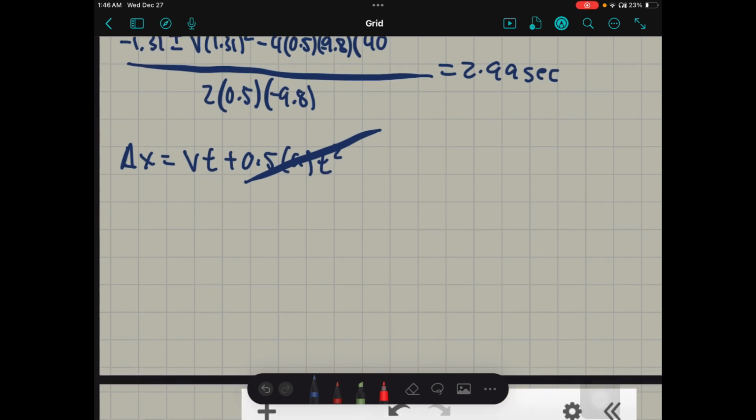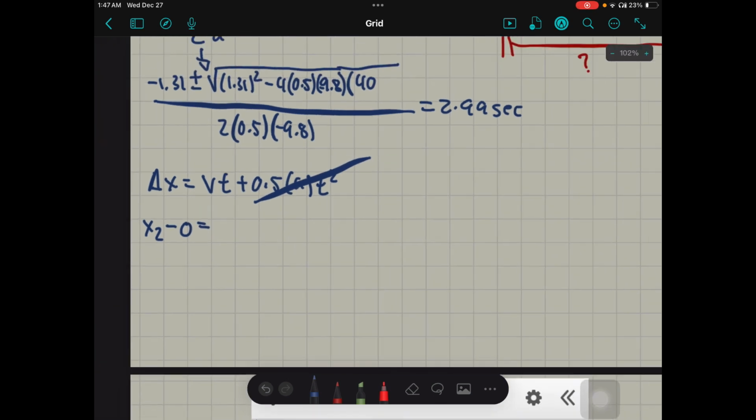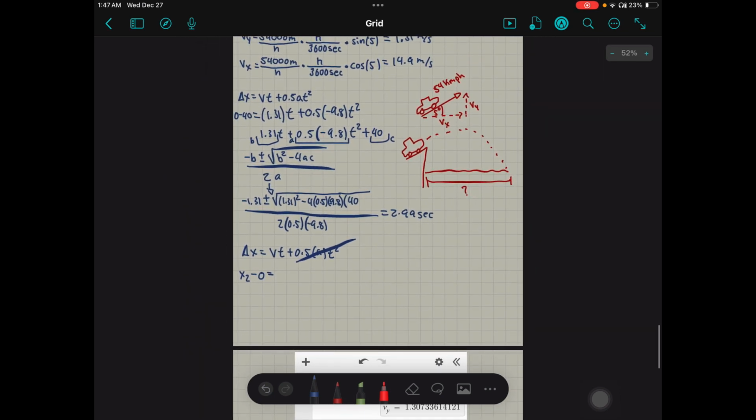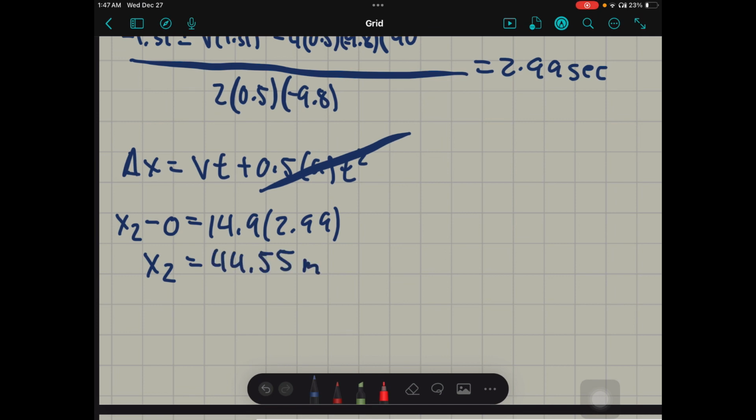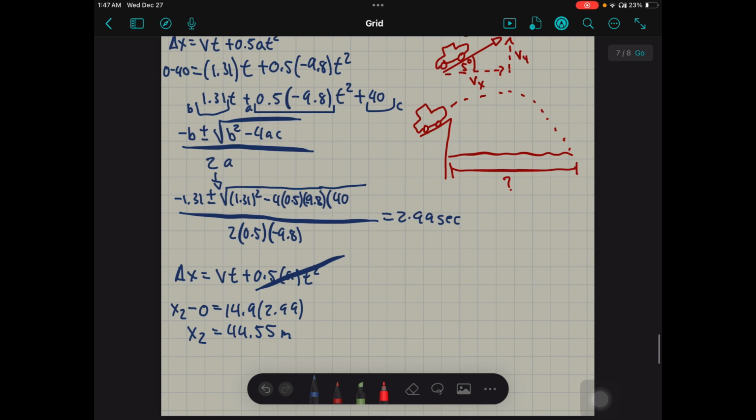So rewriting this, we have our x2 minus our x initial, which is going to be 0 because it's our starting point. And we're going to set that equal to our velocity in our x direction, which is 14.9, and we're going to multiply that by our time, which is 2.99. So we have x2 equals 254.55 meters away from the cliff. And we essentially solved it.